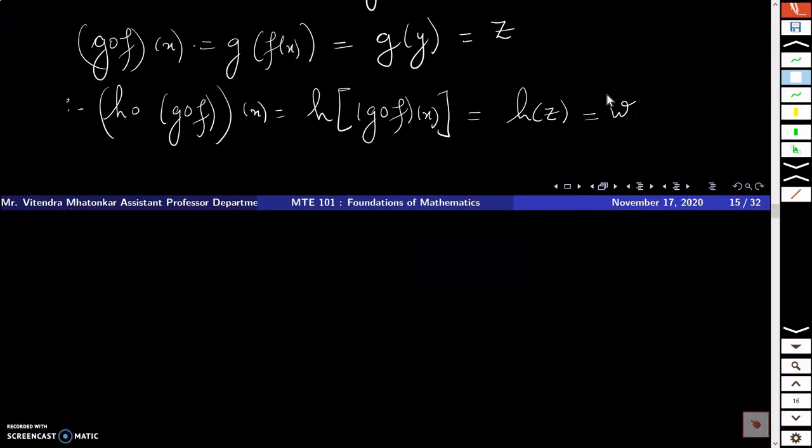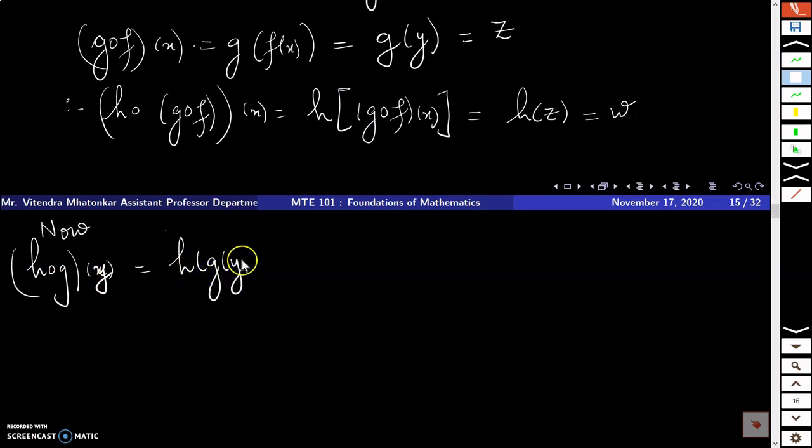So for that, let's compute h composite g first. Now h composite g of x will be how much? By definition, h composite g of x is h of, no, let's consider y here. So h composite g of y will be h of g of y by definition of composition, right? But g of y is nothing but z.